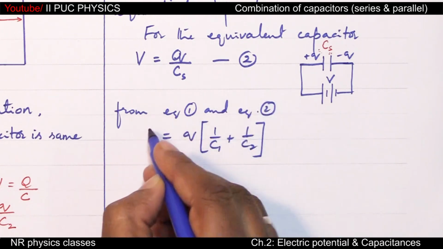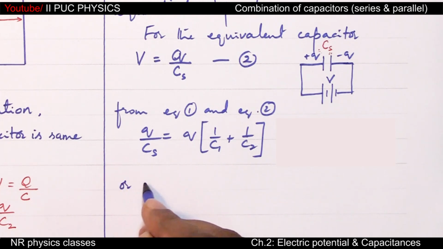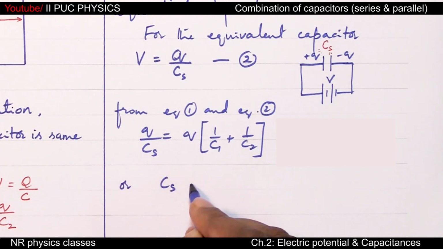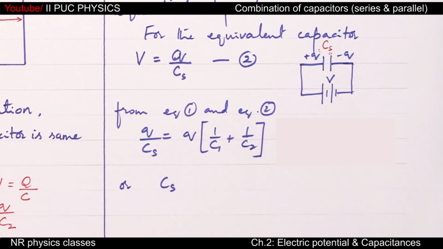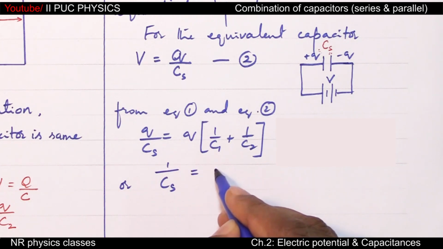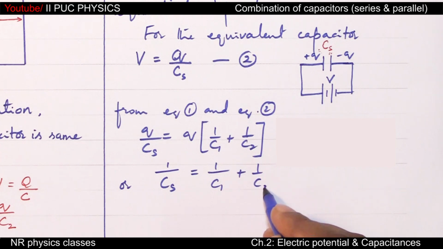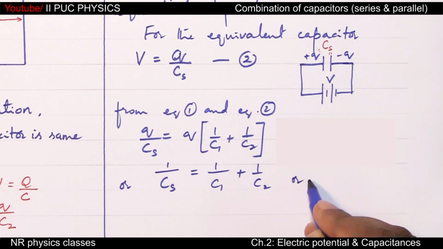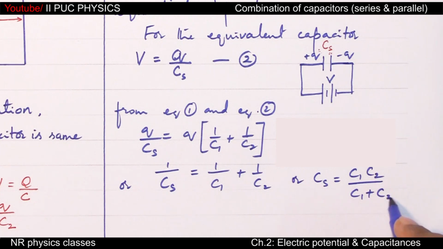And equation 2 is Q by CS, or 1 by CS equal to 1 by C1 plus 1 by C2, or CS equal to C1 C2 by C1 plus C2.